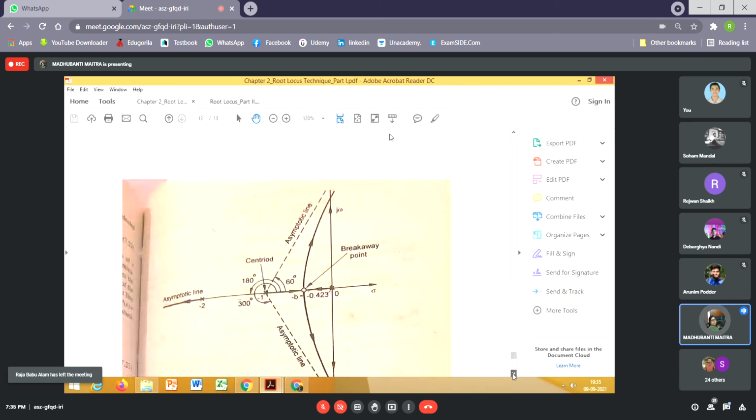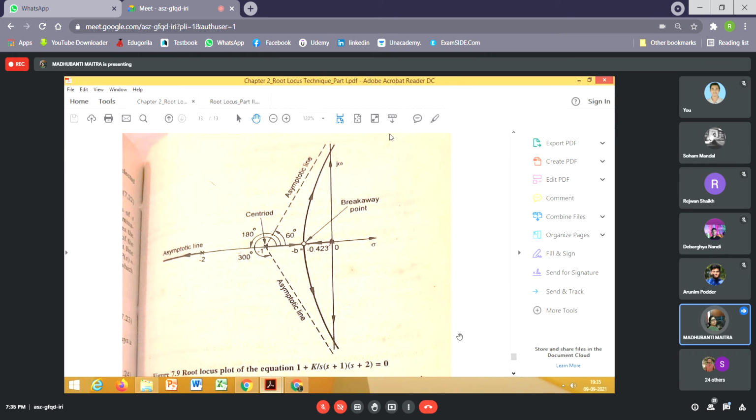Now we can sketch the root locus. You see three root branches, one originating from the open loop pole at s equal to 0. The second one is originating from an open loop pole located at s equal to minus 1. And the third one is originating from an open loop pole located at minus 2, right?